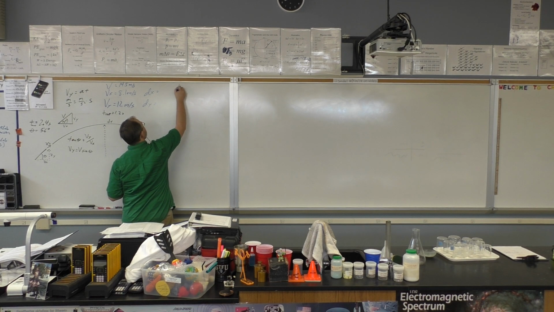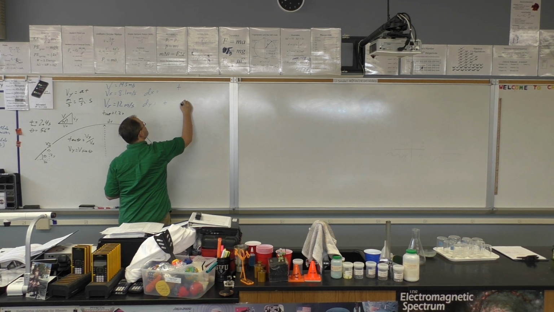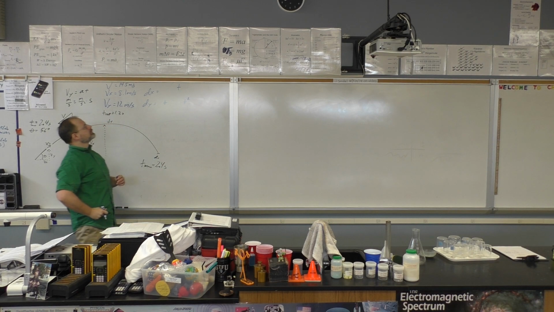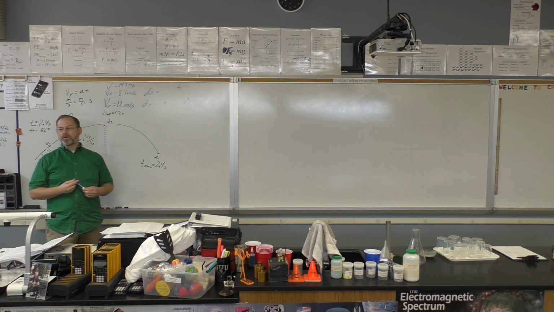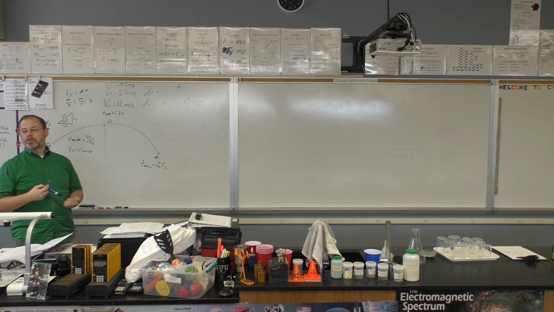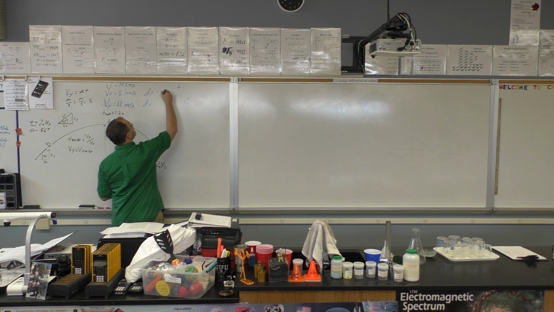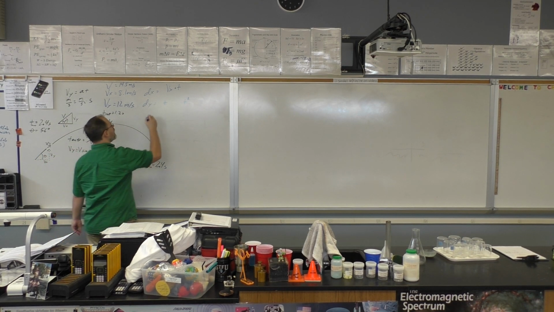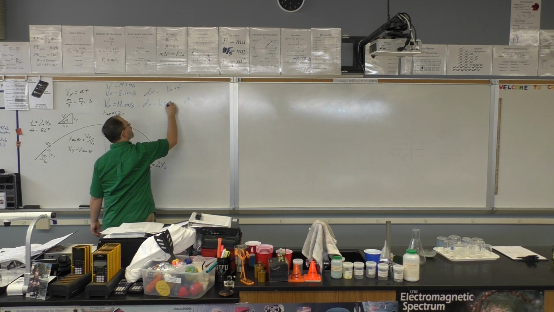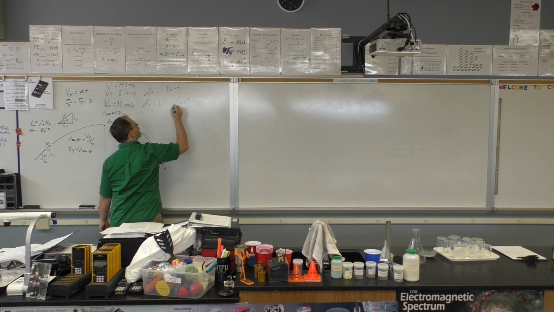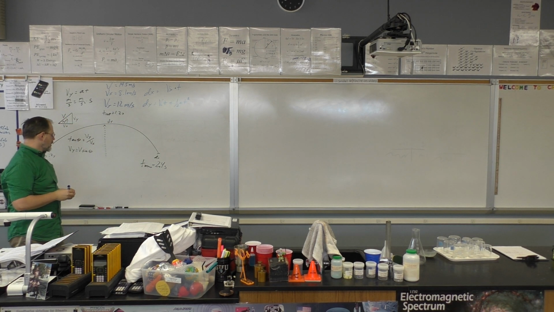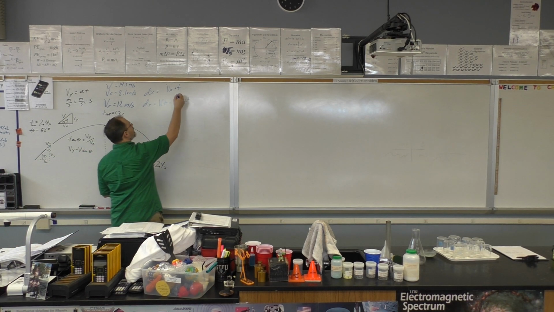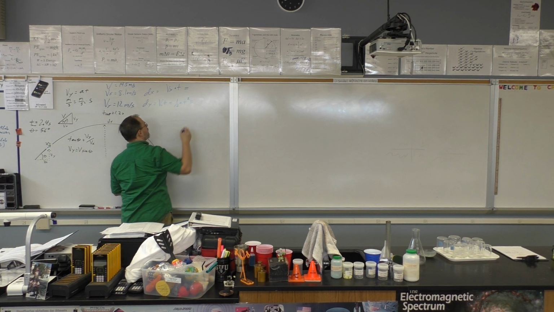Dx has one time, and dy has two times. One of them is squared. What is the formula for dx? dx is just Vx times t, and dy is Vy naught t plus 1/2 a t squared. So go ahead and solve for dx and dy for Spud number 1.